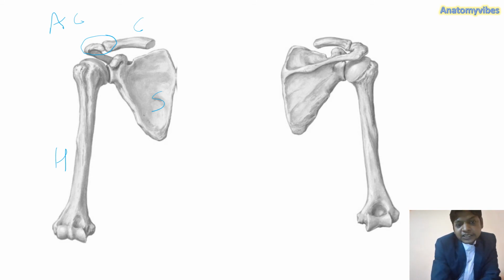On the medial side will be the sternum. So clavicle will be forming joint with the sternum, that is sternoclavicular joint. And here will be first costal cartilage. So on first costal cartilage there will be ligament coming from the clavicle, that is costoclavicular ligament.